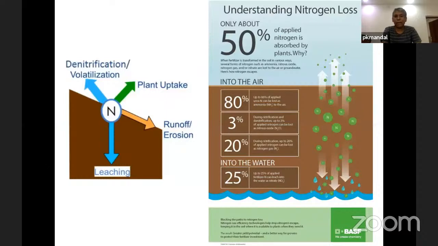This is what they have distributed: up to 80% of the applied nitrogen can be lost as ammonia to the air, and another 20% during the nitrification process, up to 20% of the applied nitrogen fertilizer. So this is just data, but forget about that. It is not that necessary.